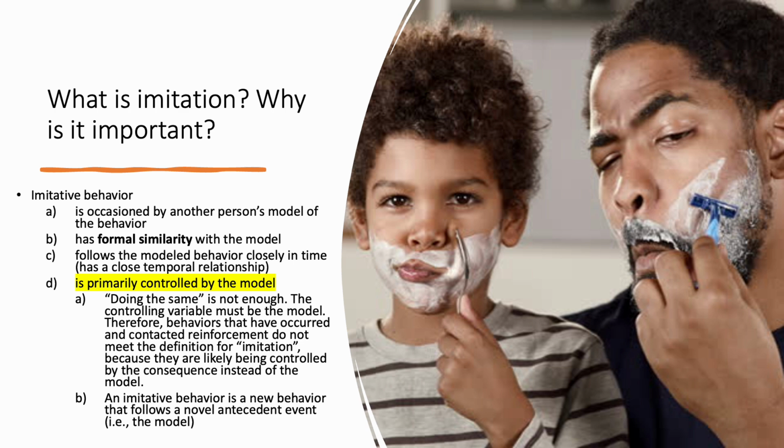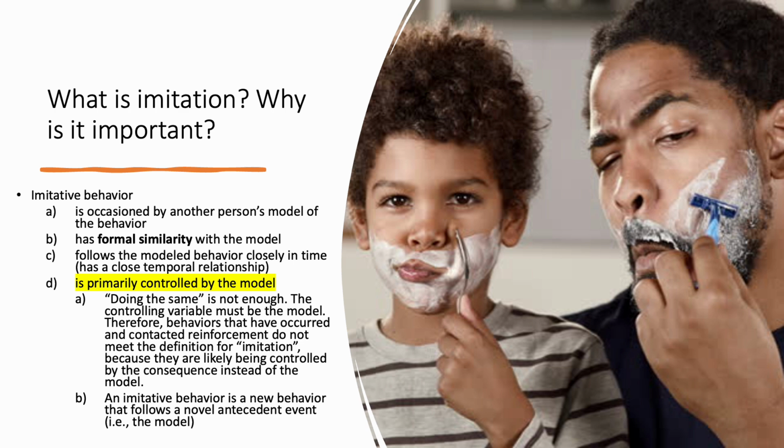What's happening is that the model becomes a discriminative stimulus, and it's really reinforcement that's controlling the behavior. So we would call that behavior a discriminated operant. And that's necessary behavior anyways, right? It's behavior that we need to engage in anyways, and there's really nothing wrong with that. But the true definition for imitation or imitative behavior must meet these four criteria that are on this slide.